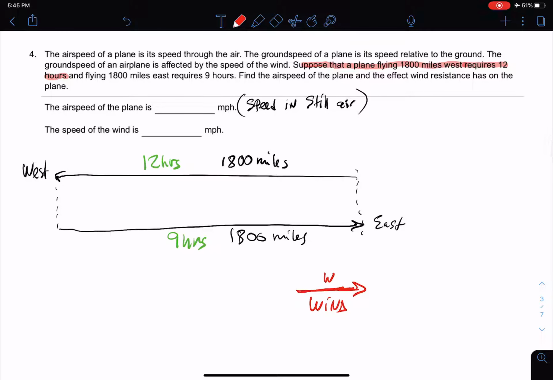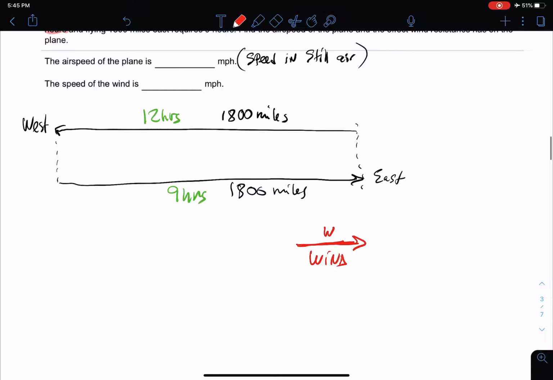Find the airspeed of the plane and the effects of the wind resistance on the plane. So the plane is going the same speed in both directions, but it only takes 9 hours going this way because the wind is helping it, and it takes 12 hours the other way. It slows down because the wind is hurting it, because the wind is blowing against its progress.